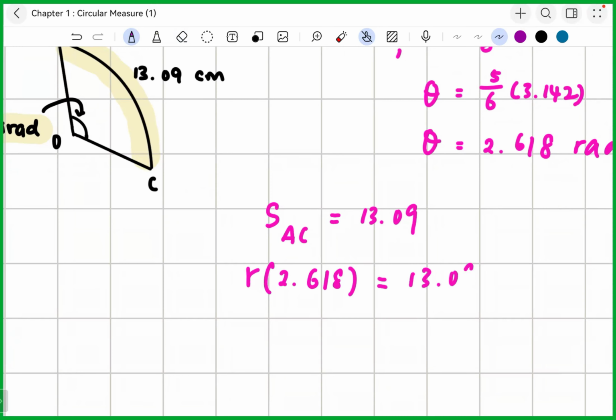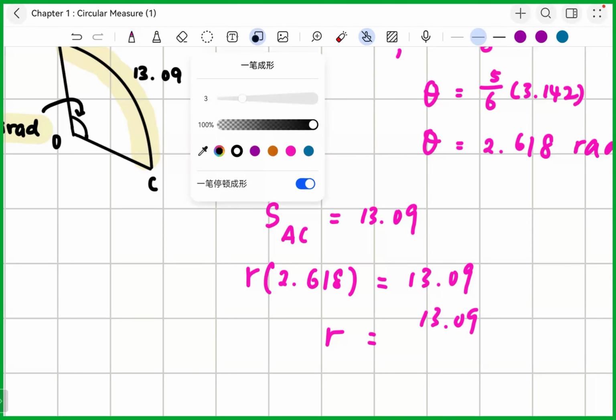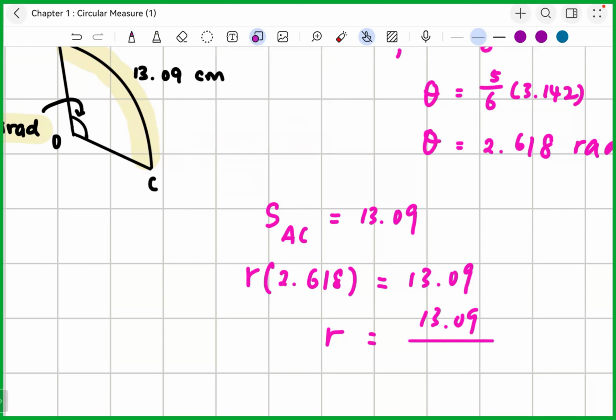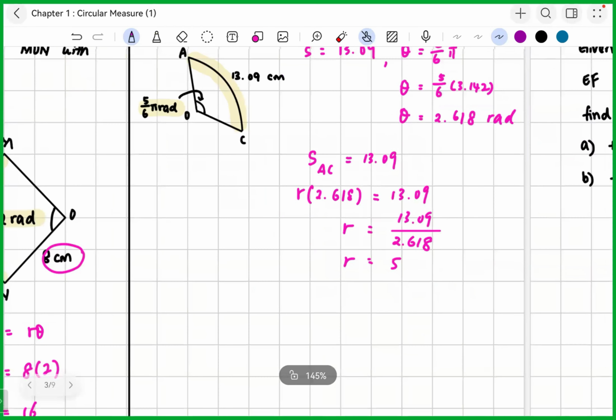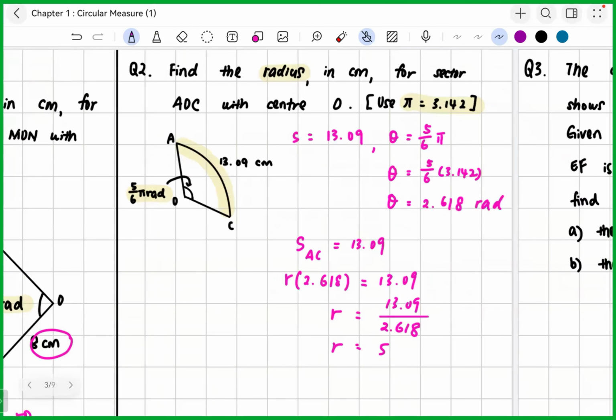So r times 2.618 equals 13.09. Radius equals 13.09 divided by 2.618. Your answer should be 5. So the radius of the sector is 5.